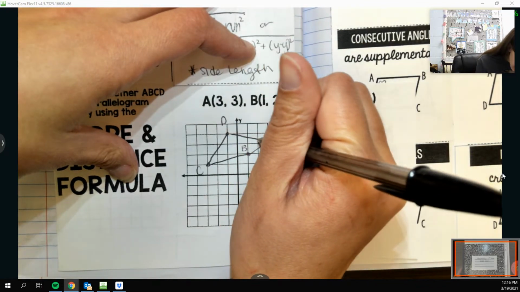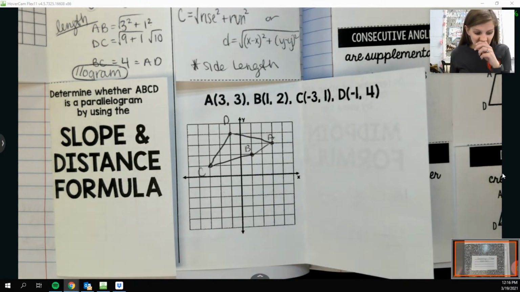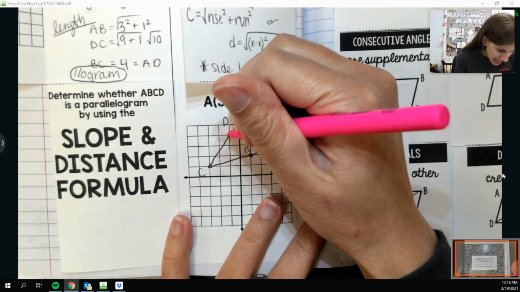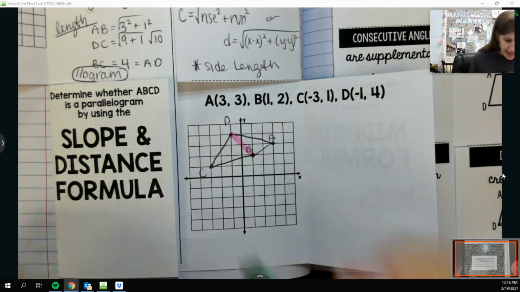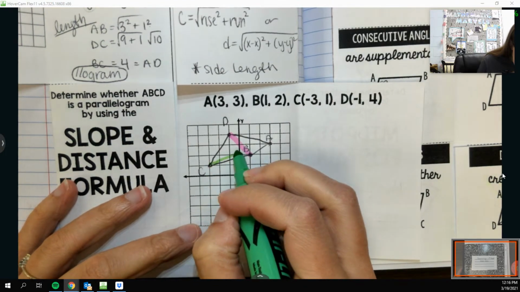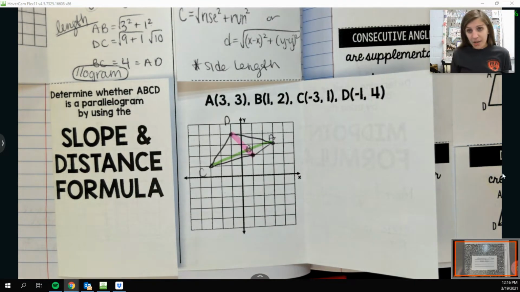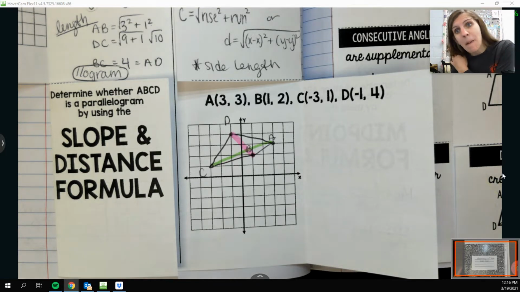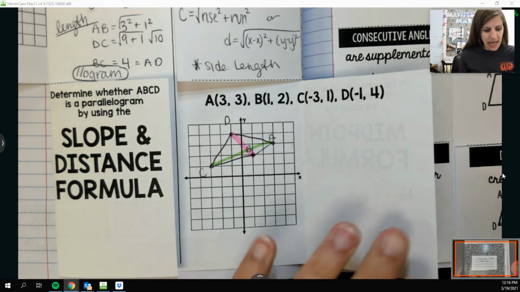To me, this looks like it's not going to be any sort of special quadrilateral, but let's take a look at drawing in those diagonals. So I draw in the diagonal of DB and then AC. One other way I can determine if something is a parallelogram or not is that the diagonals must bisect each other, meaning that their midpoints must be the same.